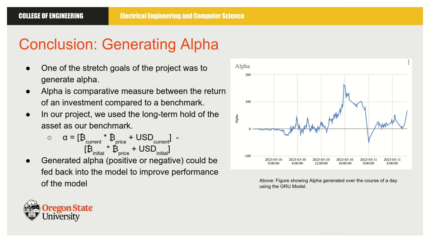The formula shown on the screen calculates alpha based on the benchmark of holding assets long-term and not trading. Positive alpha means the AI model outperformed the benchmark, while negative alpha means it performed worse. Further, the data of alpha generated could be fed back into the model to help improve the model's performance as well.